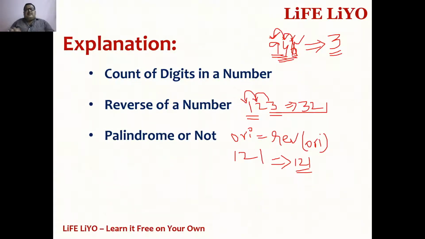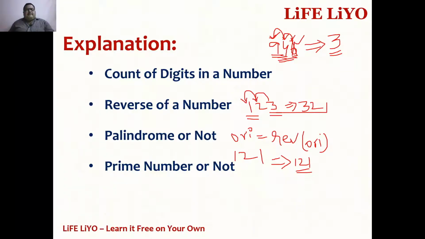And the next one is the most important one, that is prime number or not. If you say any number is a prime number, that number is divisible by 1 and itself. If a number is divisible by 1 and itself, then that number is called a prime number.